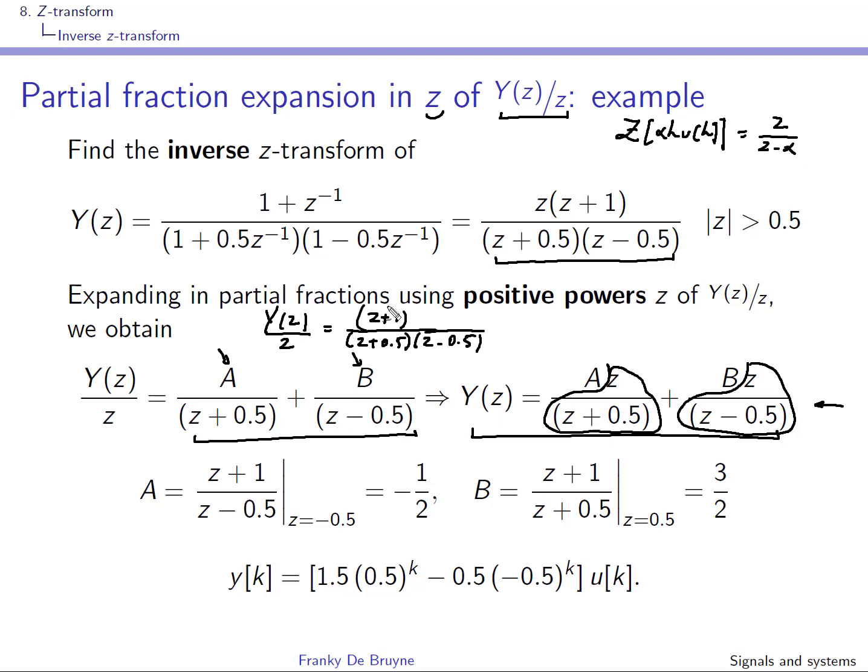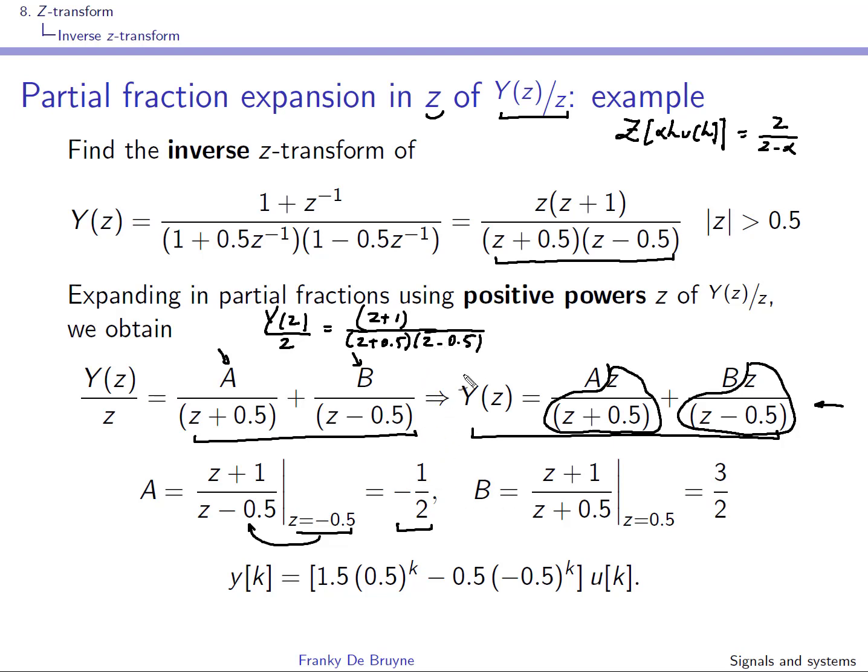So if we decompose in partial fractions, we can compute a as usual. We forget about this one, and take z plus 1 over z minus 0.5 at the root here, z equal to minus 0.5. If you inject, you have minus a half. And for b we do something similar.